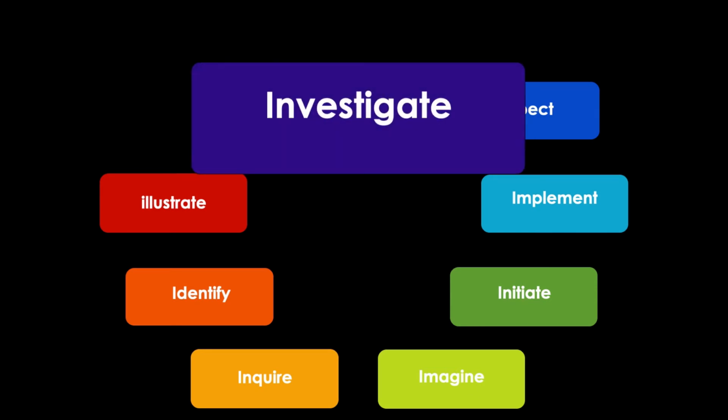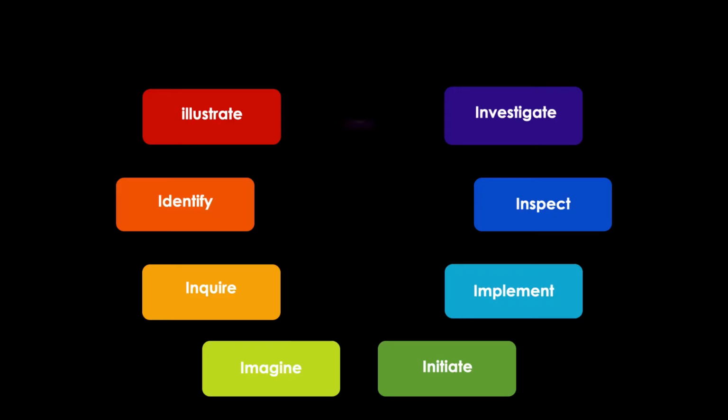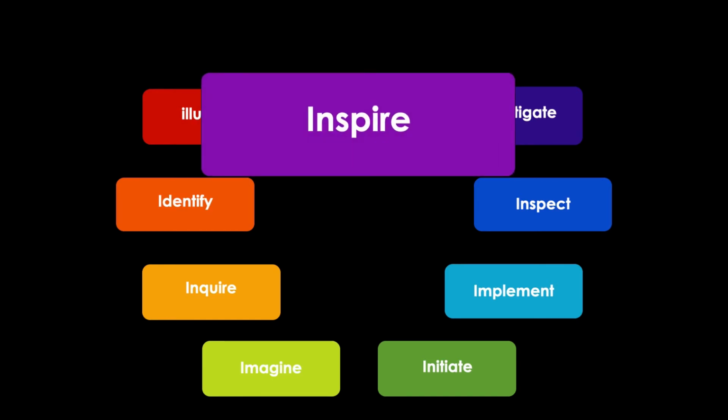Allow time to have students look back and reflect individually, in pairs, groups, silently, orally, verbally, or written. Encourage them to reflect on both the process and the product. And last, we have inspire. This step extends learning into the real world. Learners apply their learning beyond school to their local or global community.